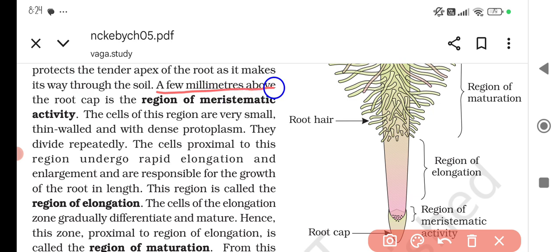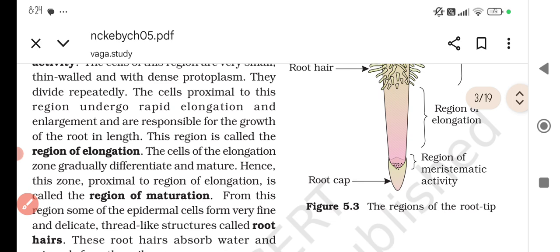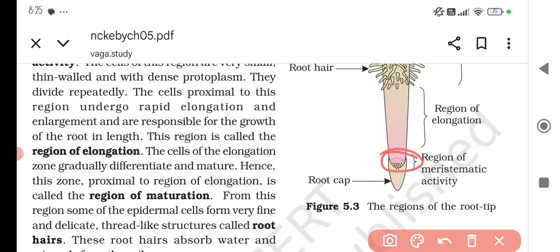A few millimeters above the root cap is the region of meristematic activity. So above the root cap, here there is this small region of meristematic activity. Here the meristematic cells are present.